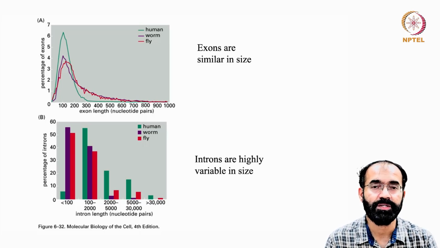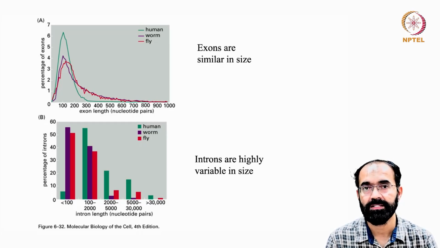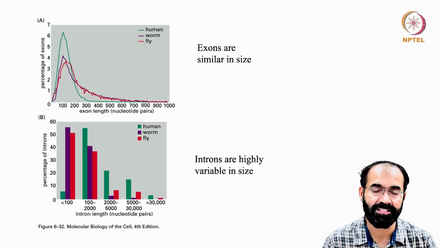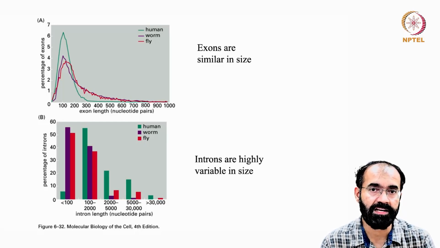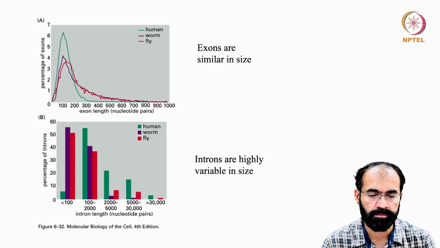If it is too short, it is hard for such a small stretch of sequence, less than 100 base pairs, to have these features; it is a rarity. If introns are larger, it is much easier to accommodate these features.